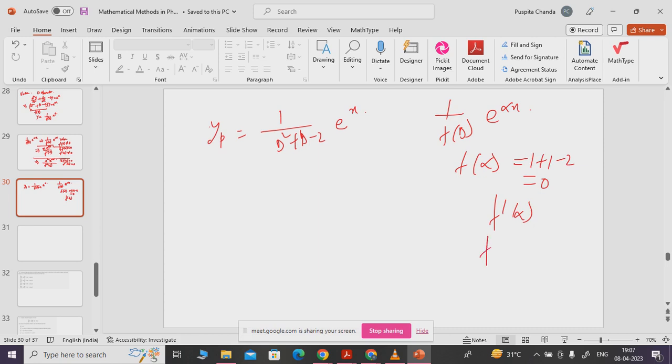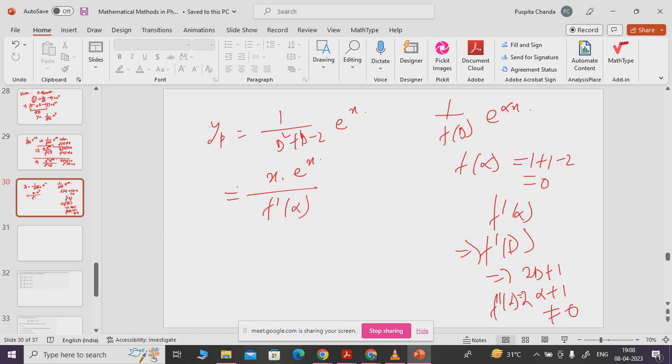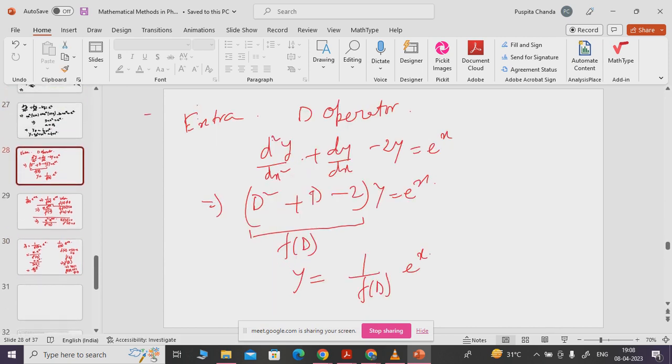What will be f dash alpha? We need to know first f dash D, which is 2D plus 1. Here f dash alpha will be 2 alpha plus 1, which is not equal to 0. Great. So it will be x into e to the power x by f dash alpha, which is x into e to the power x by 2 alpha plus 1. Here alpha is 1, so it will be 1 by 3 x e to the power x.